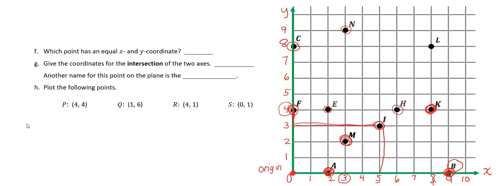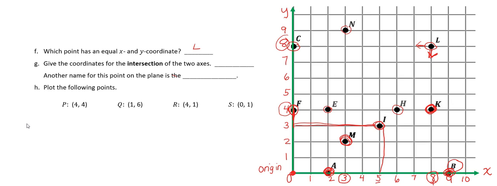So I'm looking at the graph and I can see that that point is point L. If I connected the L to the x-axis and then to the y-axis, that would make a square. And if you go down to see the x-axis, we're at 8. And if you go across for the y-axis, we're also at 8. So that is point L.